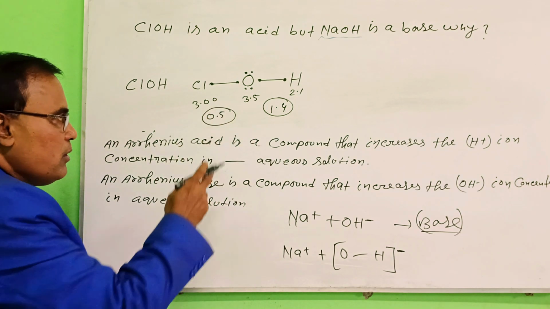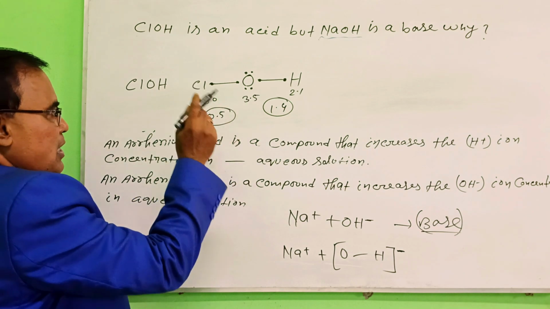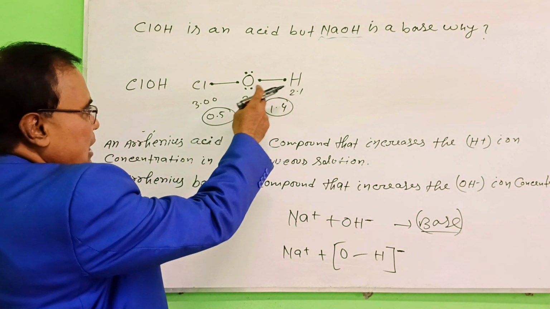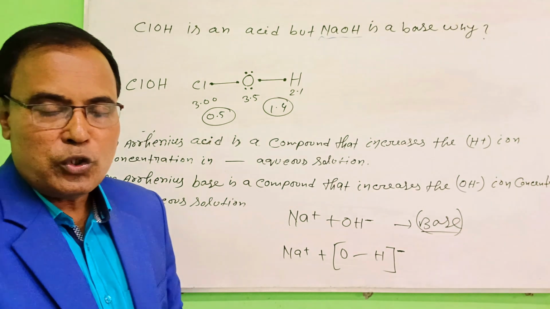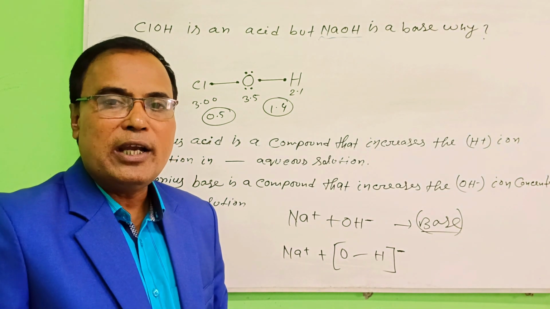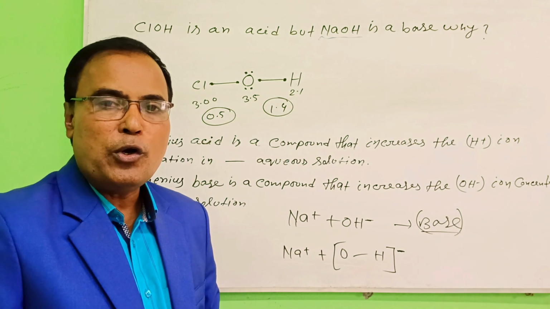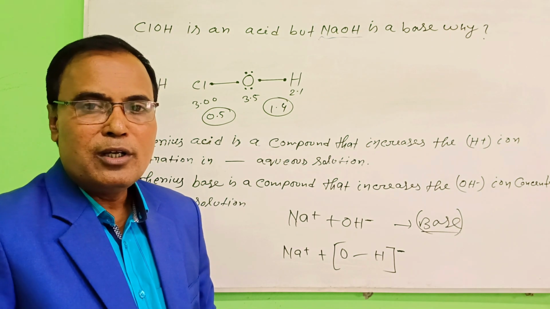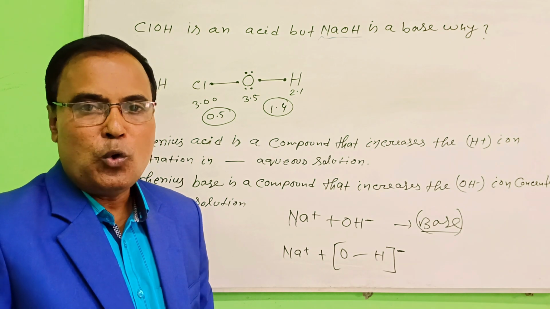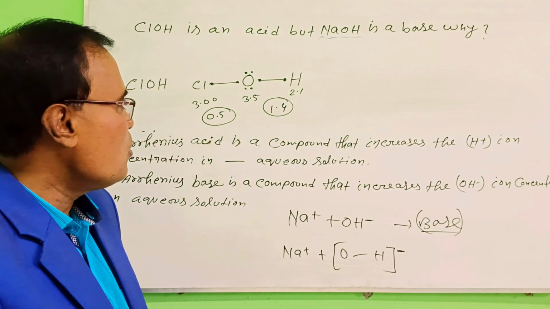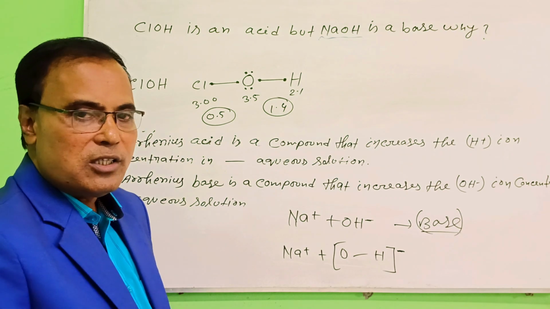Clear? Here the electronegativity difference is 0.5, and here it is 1.4. As we know, when the electronegativity difference is 0.5 or more, the two atoms create opposite poles. That means the bond will create polarity.